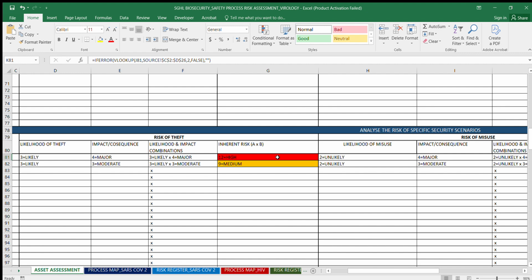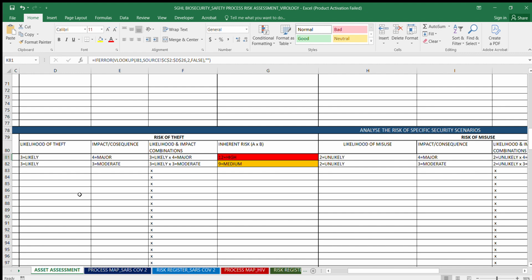But most of the time, if you've done the asset assessment correctly, and maybe if it's your first time doing a risk assessment, you'll find that the risk of theft, misuse, and diverge will be high, and therefore you need to proceed with the agents that have those risks high to the process map.